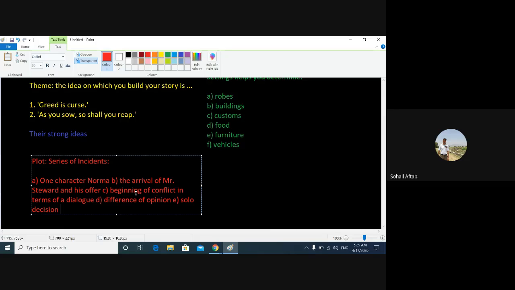And F. F is the accident. That is basically Arthur meets this accident, F, and then we have a G part where Norma receives the call.